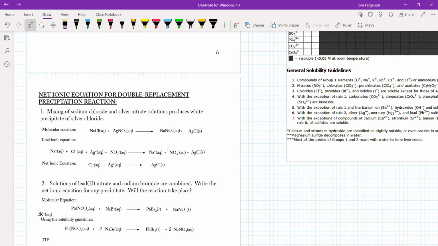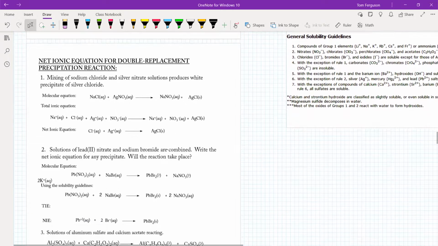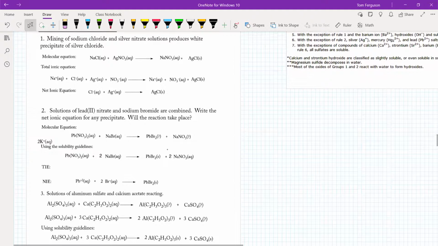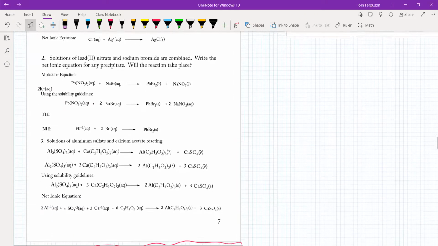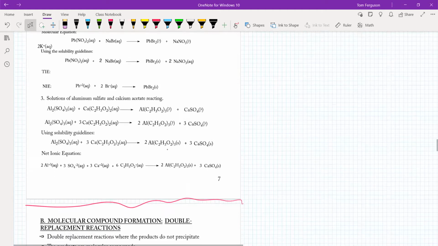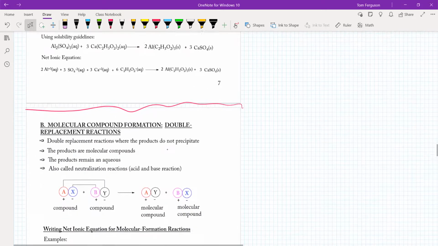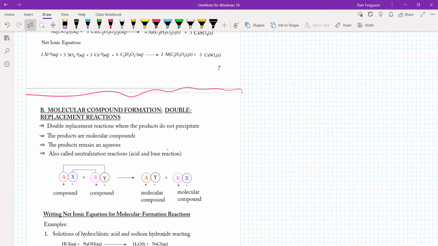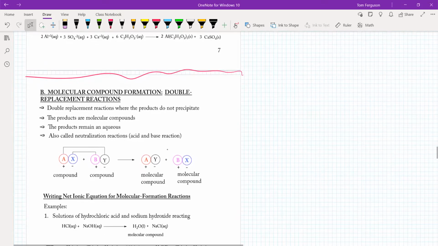Let's look at, let's see, and these are all mnemonic equations. Now let's look at the second one where a molecular compound forms in a double replacement, which could be like water or something like that.